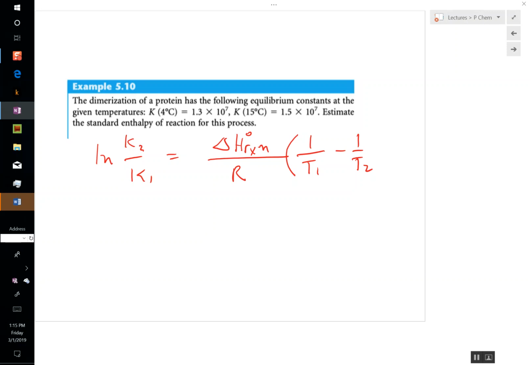So if we call this K2, and so this is going to be K1, so this 4 degrees centigrade is T1. And these need to be in Kelvin? Yeah, they need to be in Kelvin.